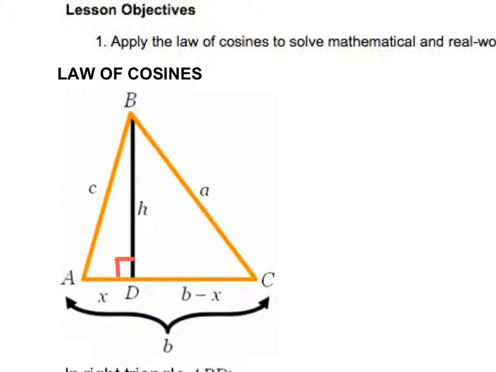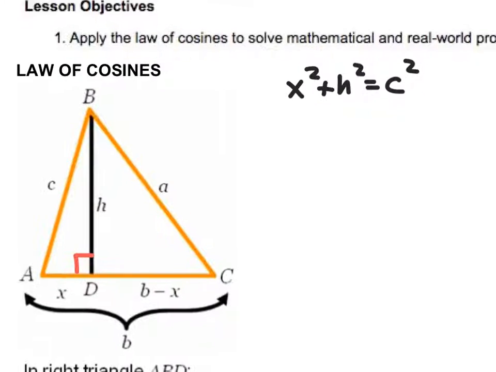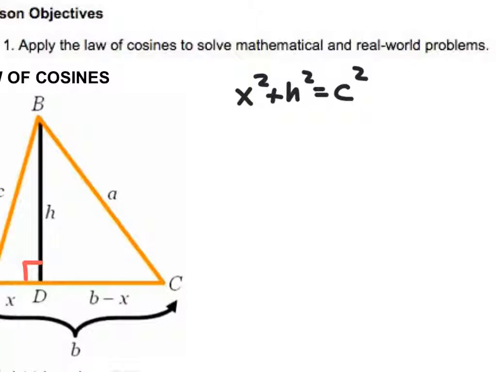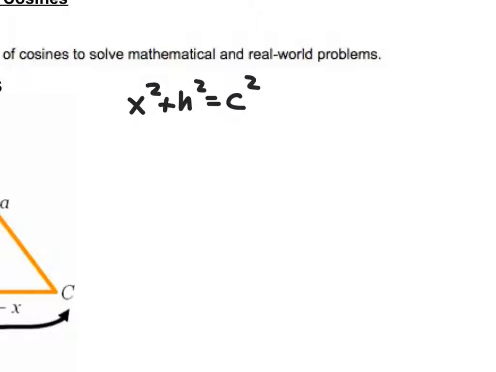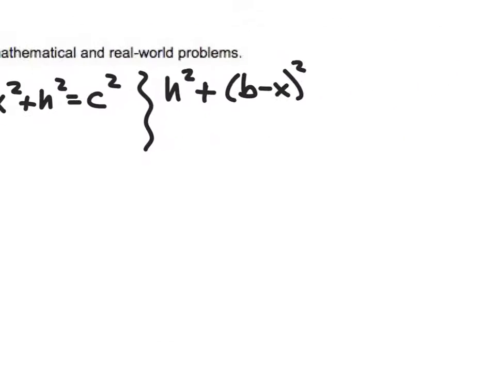I can write the relationship that x squared plus h squared is equal to c squared. Now, if I write in the other Pythagorean theorem, then I would get h squared plus the quantity b minus x squared is equal to a squared.